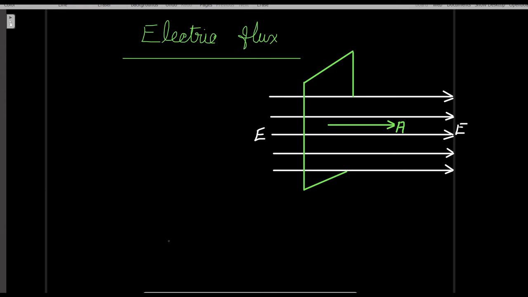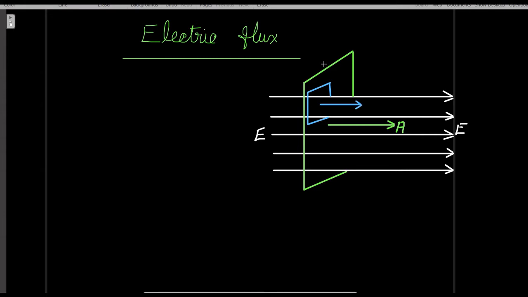Now if we consider a unit area here, I just represent a unit area. It's a unit area, and this is the area vector.